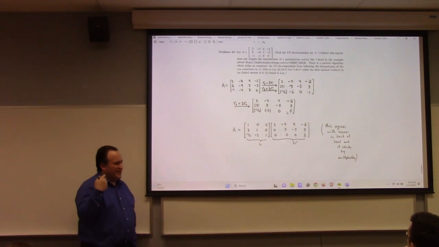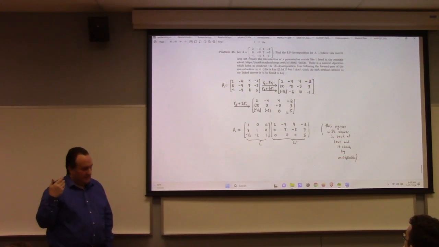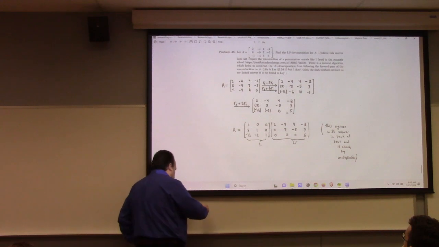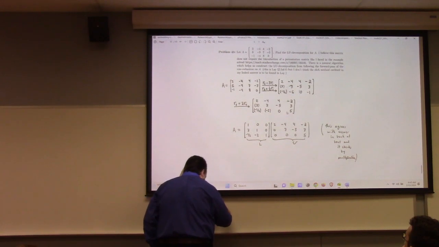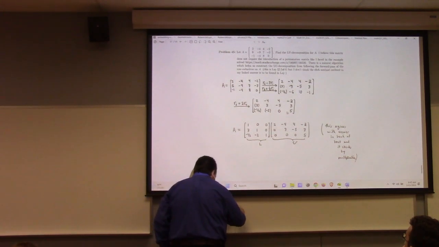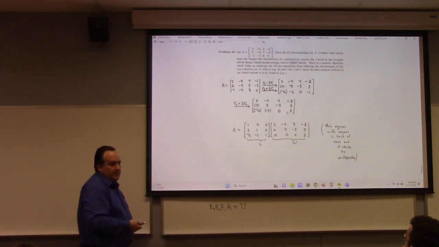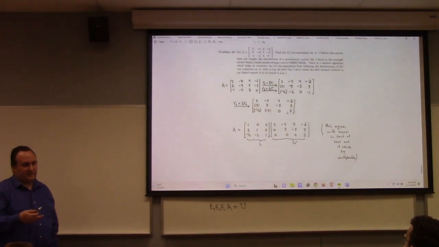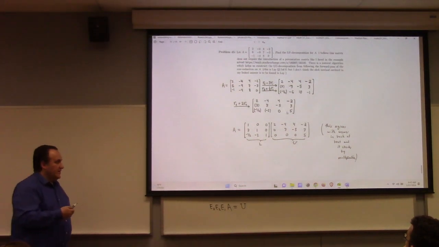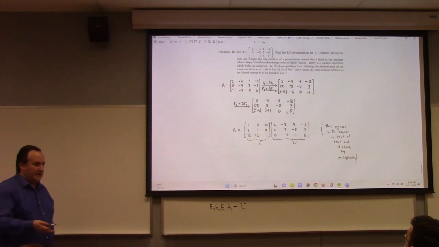And as I think I've kind of showed you the derivation, if you think about what goes on, all you're doing really is getting E3 times E2 times E1 times A is equal to the upper triangle. It's kind of an REF. It's a row echelon form, certainly not a row reduced one. We don't even care about rescaling the pivots, right?